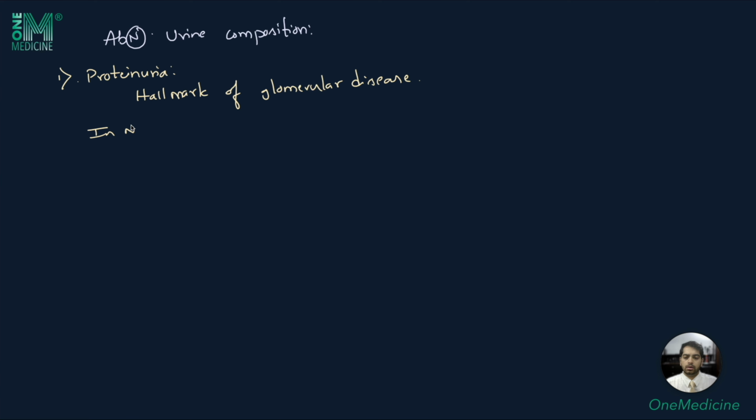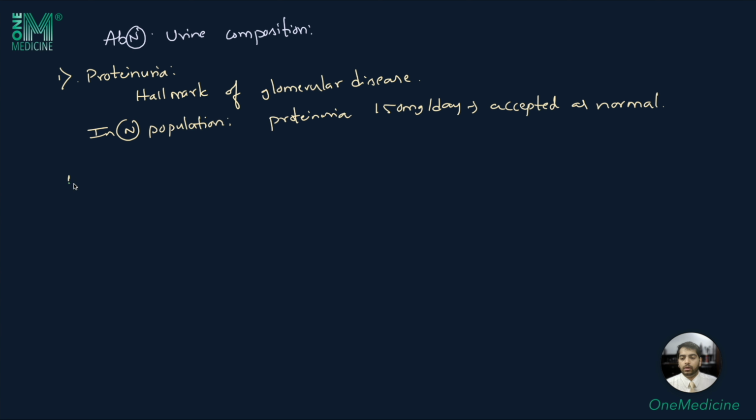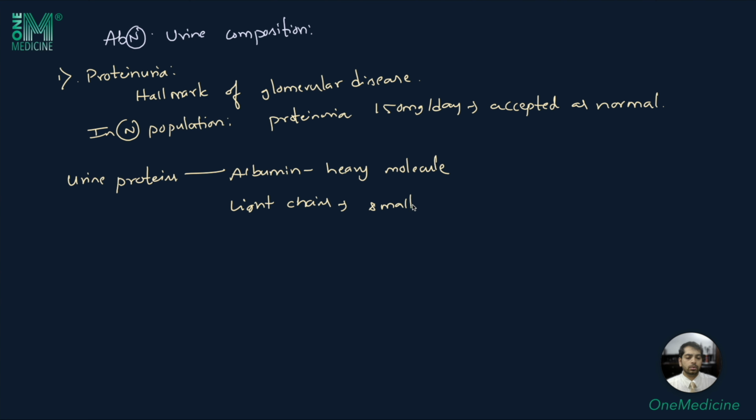In normal population, a proteinuria of up to 150 milligrams per day is accepted as normal. Urine proteins contain albumin, which is a heavy or large molecule, and it can also contain light chains of immunoglobulin, which are smaller molecules.